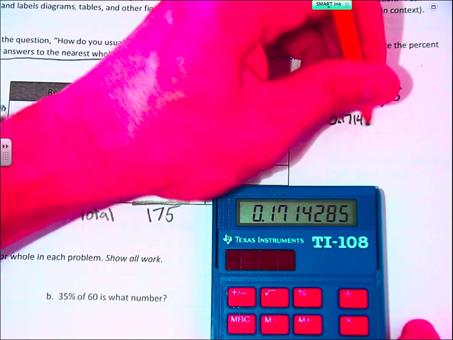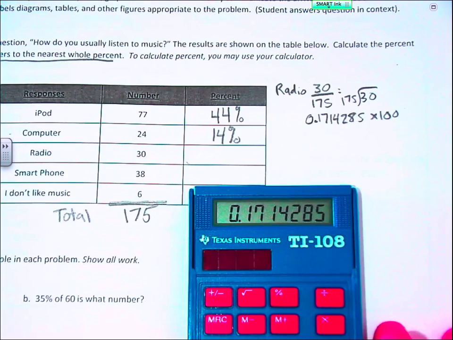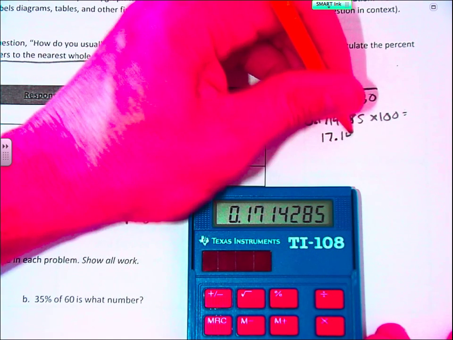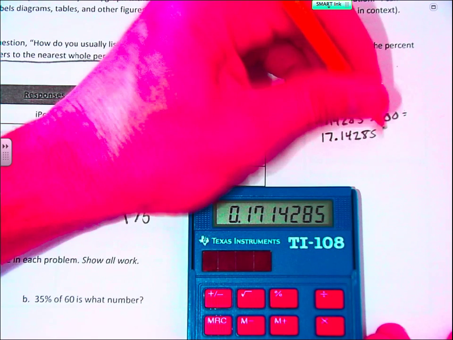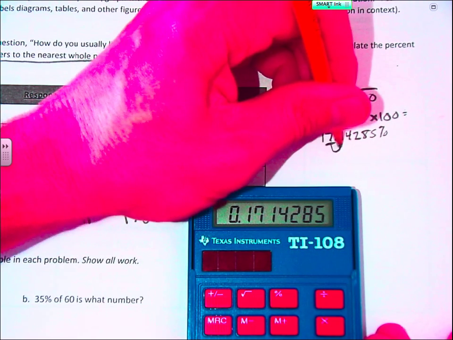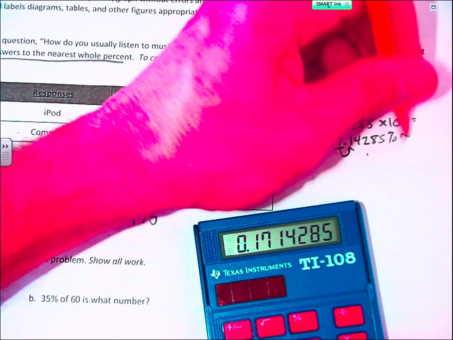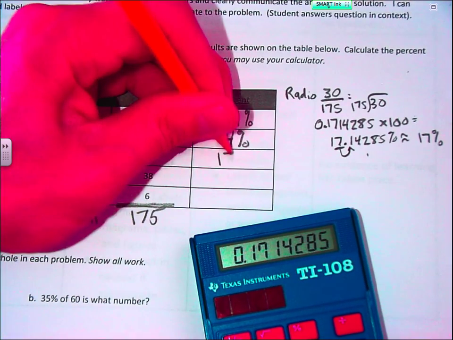I write it down. I show that I multiply it by 100 to turn the decimal into a percent. It gives me a nice long percent. I show that I rounded it to the nearest whole percent. And so that would be 17%.